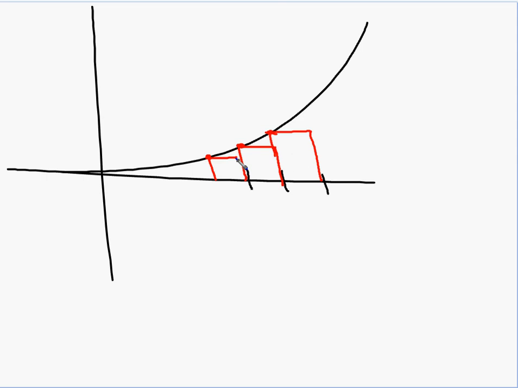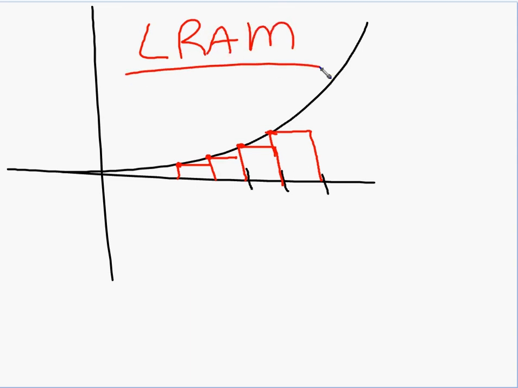If I'm using the left edge of the interval to get my length, that is called LRAM for left rectangle approximation method. And what is the only thing that you would do differently? What's the only thing different from midpoint? You just use the left corner.